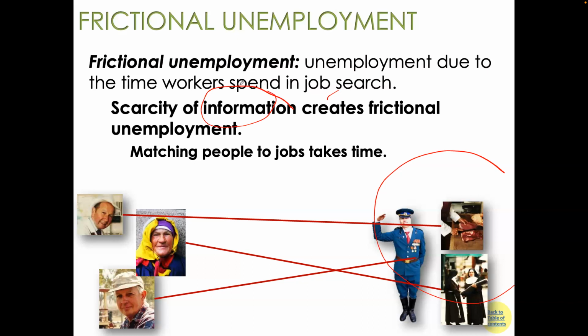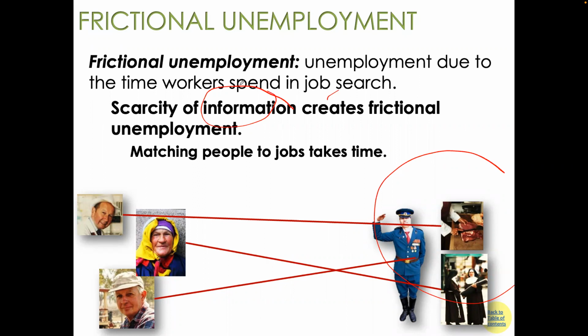What is information? From your side, it takes time for you to find out what you're good at, what you are passionate about, right? From the job side, it takes time for you to find out where the job is, where the opportunity is.